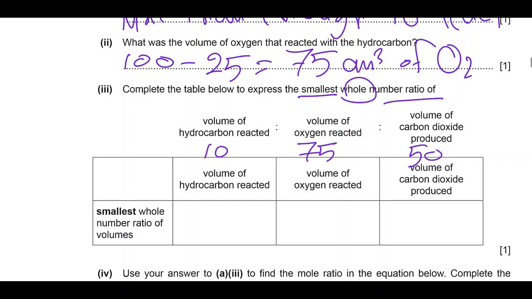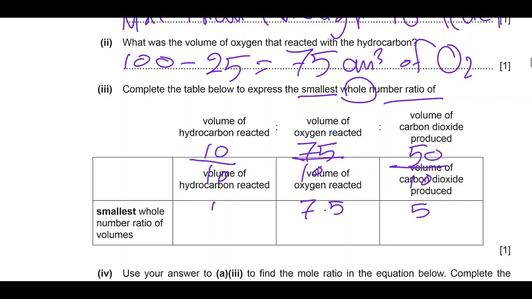Then we divide these numbers by the smallest number, that means over 10, over 10, over 10. This gives us 1, 7.5, and 5.